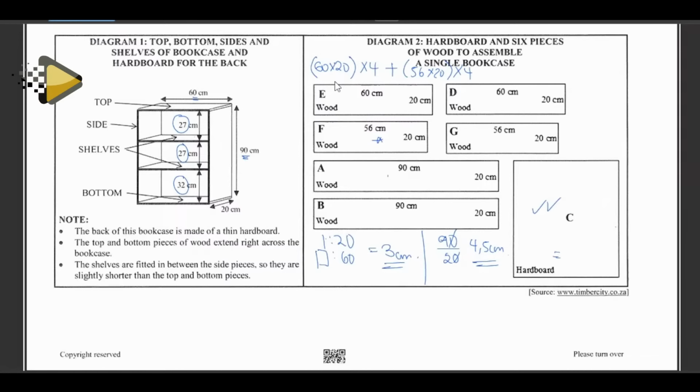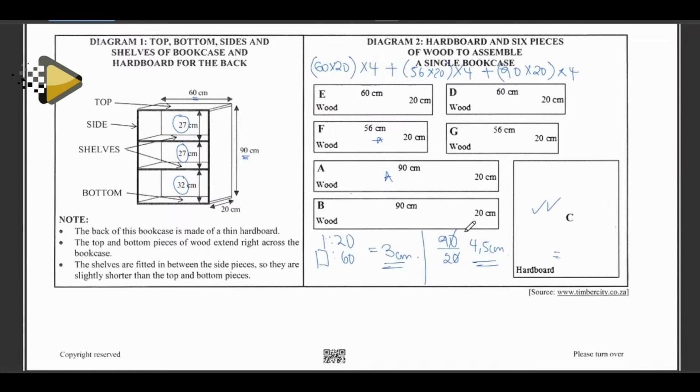And we have the sides. The sides are going to be plus 90 times 20, also times 4. Only one bookshelf needs 2, but there are 2 bookshelves. So this happens.